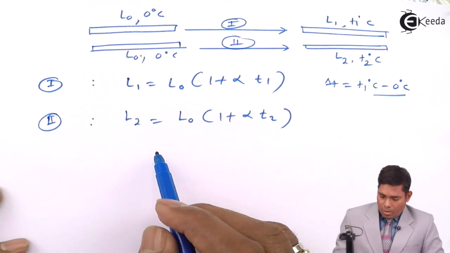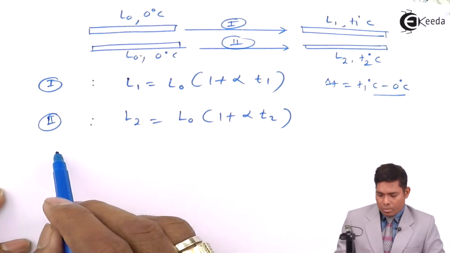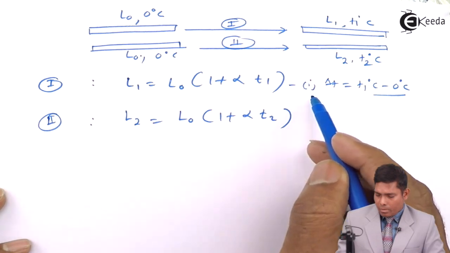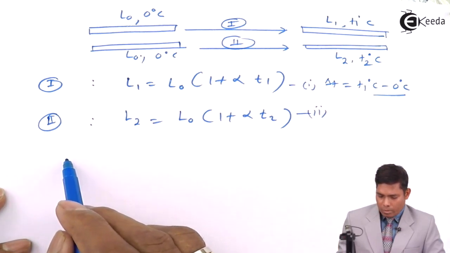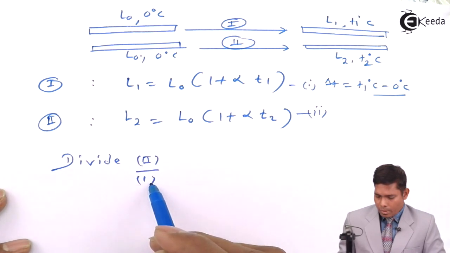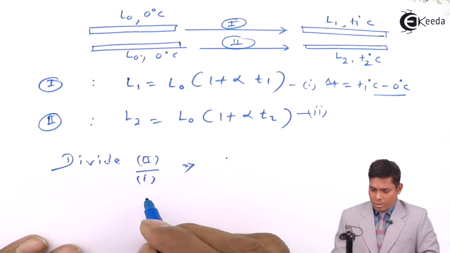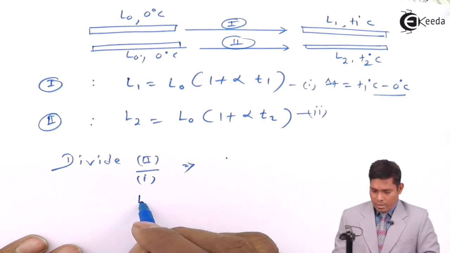Now I want to establish the relation between L1 and L2, so I will divide these two equations. Suppose this is equation 1 and this is equation 2. We divide equation 2 by equation 1. What will I get?